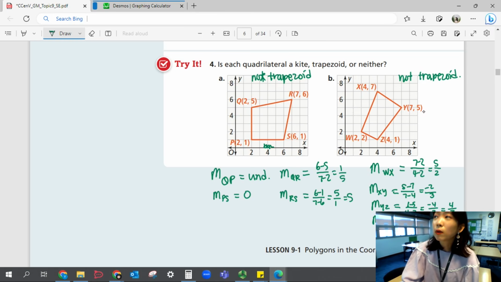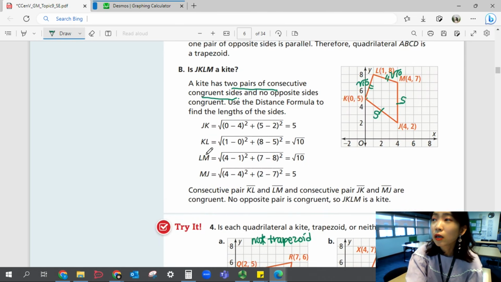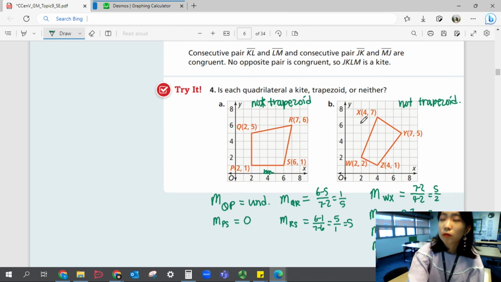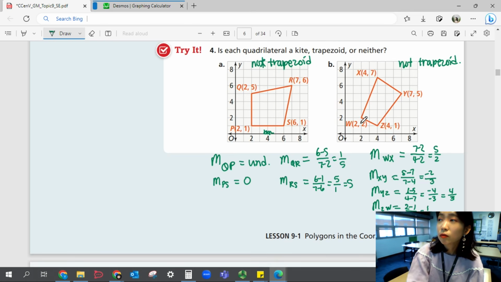Okay. So let's check if any of them are a kite. To see if it is a kite, we're going to figure out the distances between all of them. So let's figure out the distances one by one.